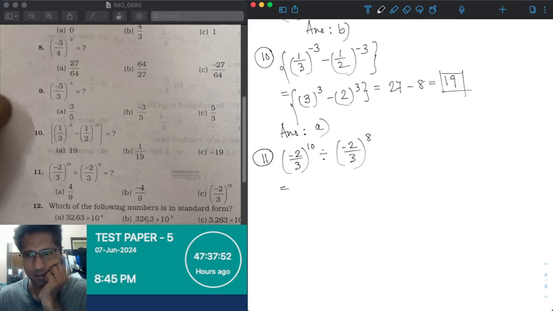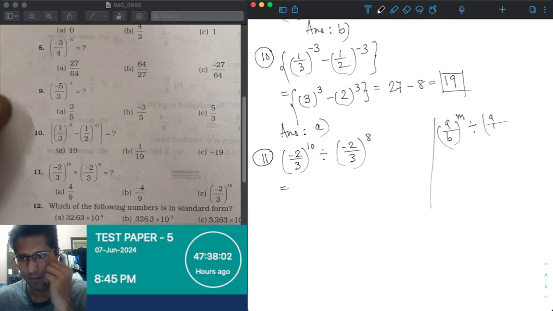We know this law: a by b raised to the power m divided by a by b raised to the power n equals a by b raised to the power m minus n if m is greater than n.